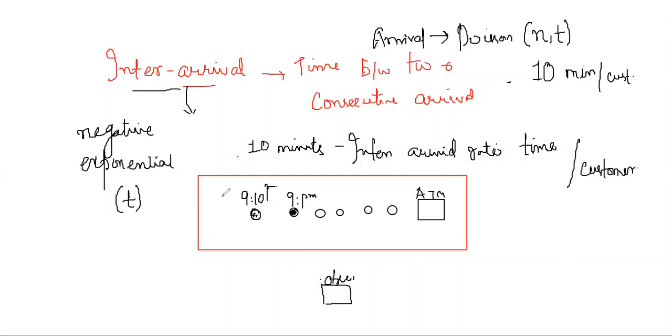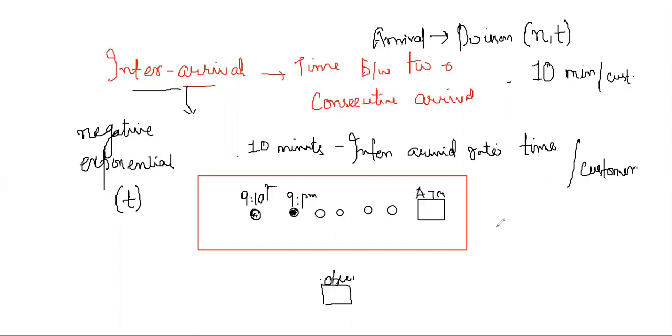We have to see after how much time a person comes, or the time between two successive arrivals. Therefore in this case the inter arrival time is negative exponentially distributed.